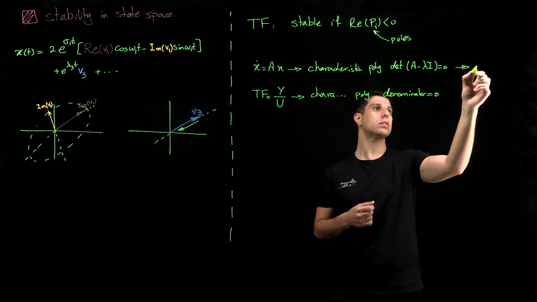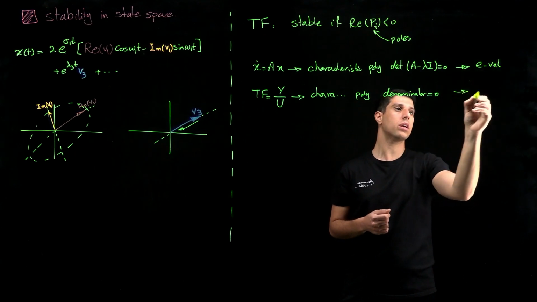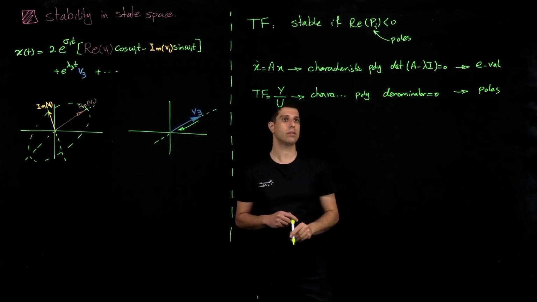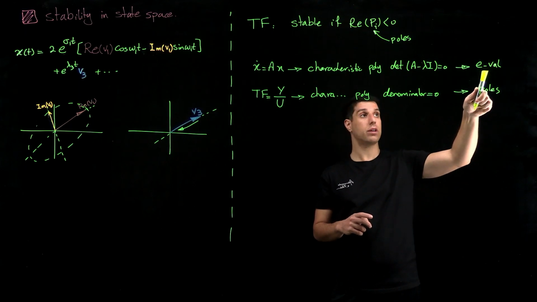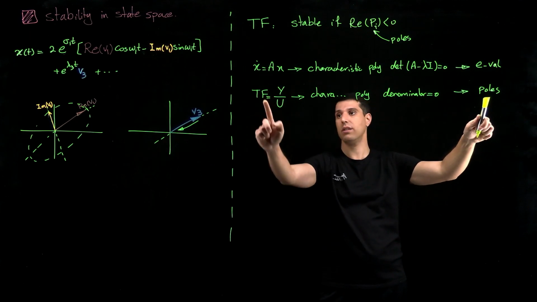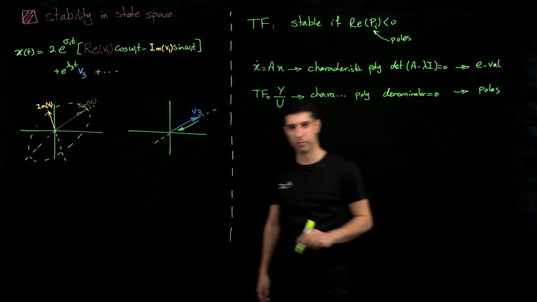This gave us eigenvalues. This one gave us poles. And if the real part of this was negative, that one was stable. If the real part of this was negative, that one was stable. So are these the same thing?